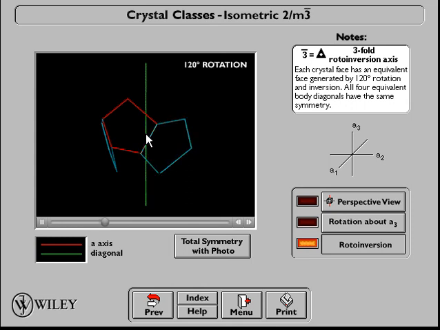Then again a 120 degree rotation and an inversion through the center of symmetry, followed by another 120 degree rotation with an inversion through the center of symmetry.